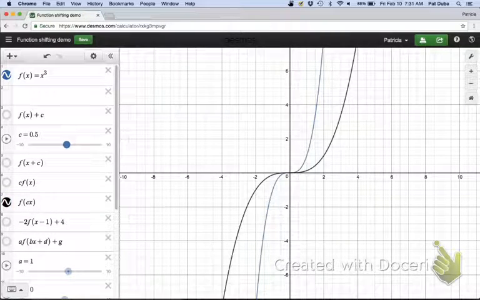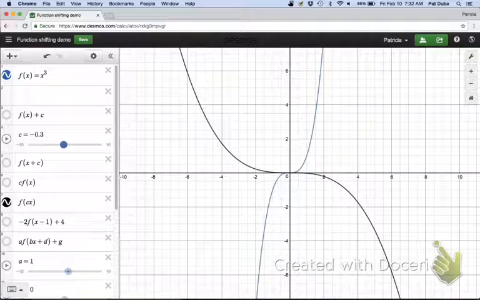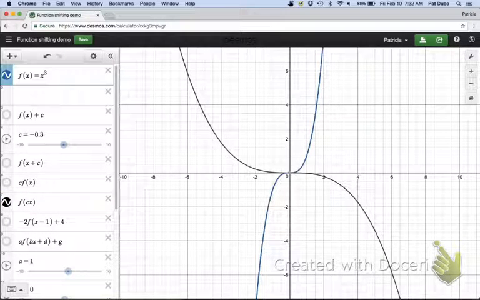If I move that, you can see the green one is lined up kind of because the c is positive. I'm multiplying the c by the x, and what happens is when I put a negative in front of that, I rotate around the y-axis. This green one is positive on the left and negative on the right, which is the opposite of my original blue function. Let me go back to my absolute value function.